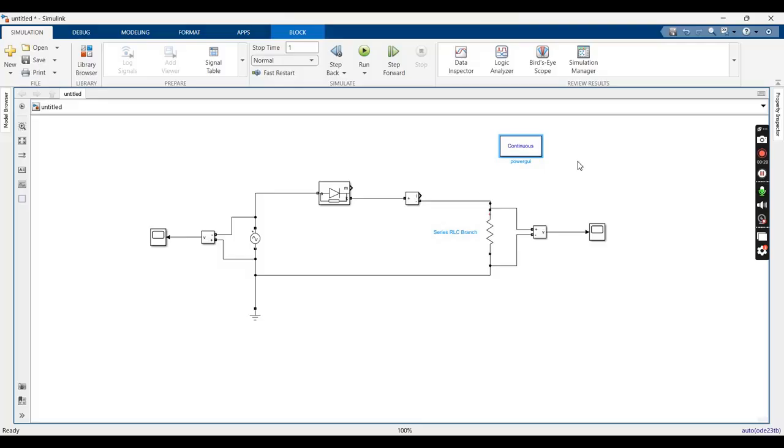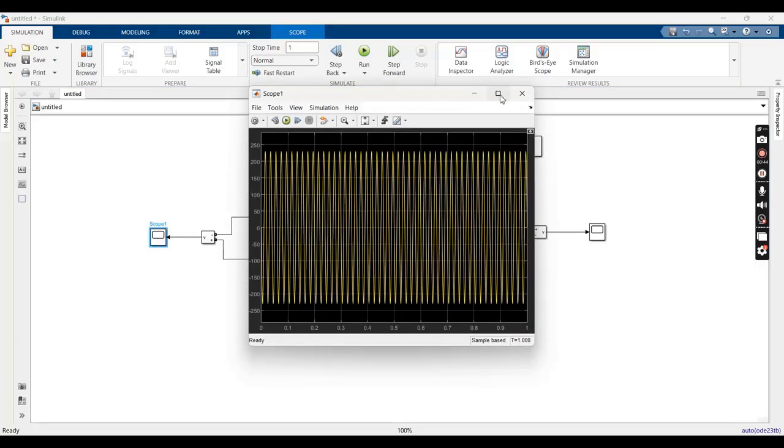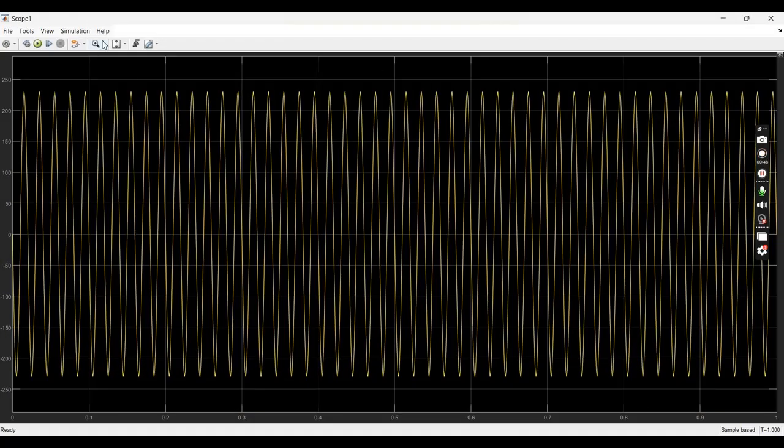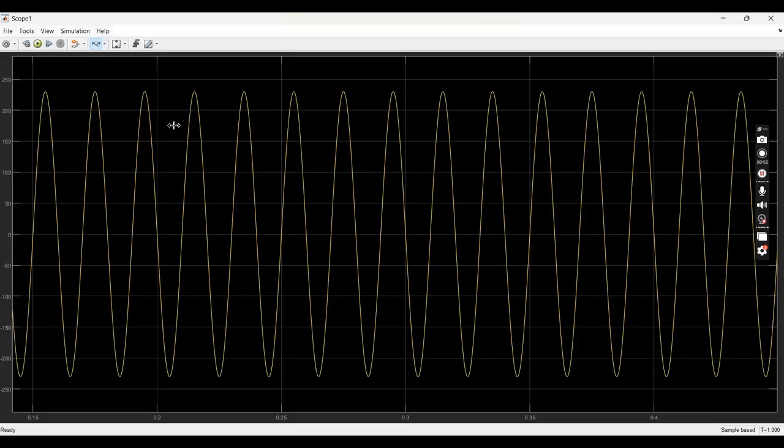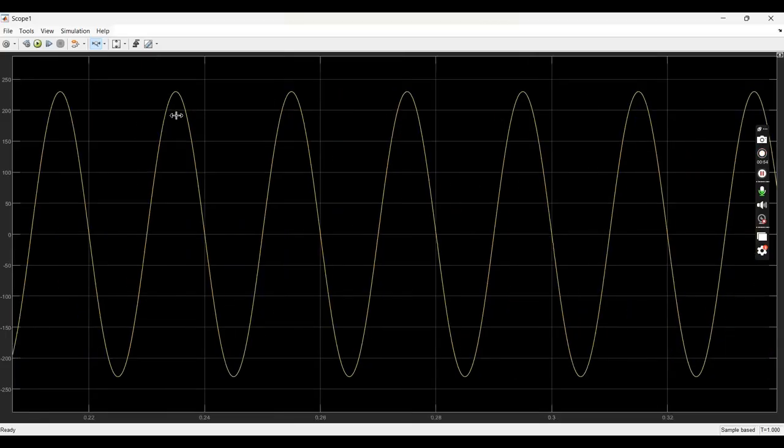After placing the Power GUI block in your workspace, let's run the Simulink. Now click on scope 1 to see the input AC voltage in sinusoidal form. So we can observe the input voltage sinusoidal waveform. So this is VAC.